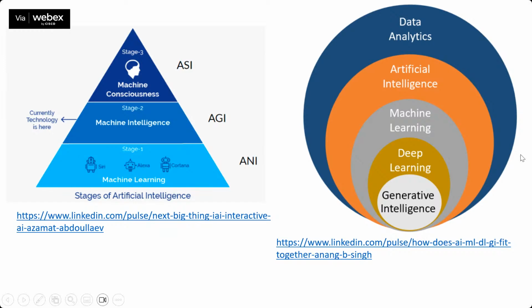And finally, now a subset of deep learning is where you have generative intelligence, where after you have done all the learning, you can actually generate content and output, which is very tough to discern whether it's something generated by humans or generated by the machine. Okay, so that's the current scenario around deep learning.